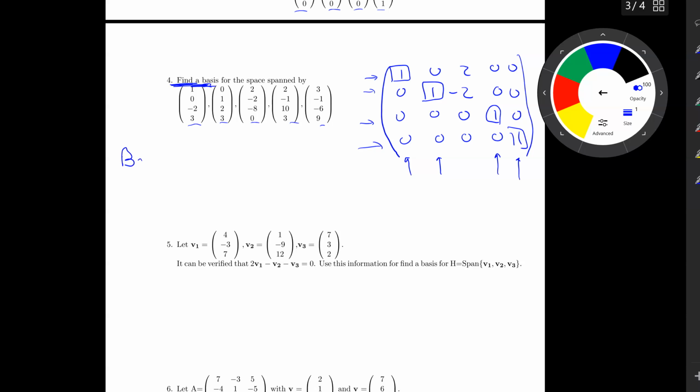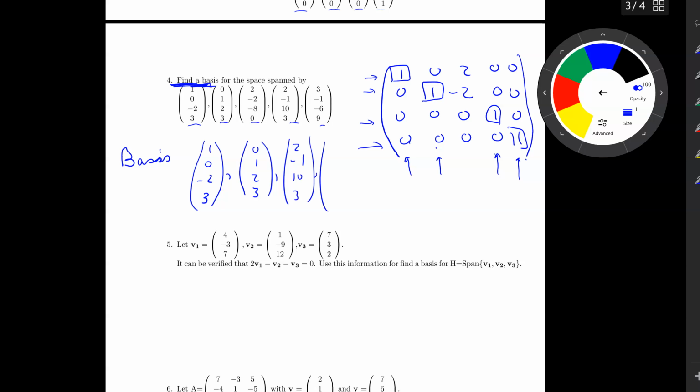So a basis for the subspace spanned by this will be these vectors. So 1, 0, negative 2, 3. Oops, I meant to write, so I need to list the vectors, right? Comma, 0, 1, 2, 3, comma, 2, negative 1, 10, 3, and the last one, 3, negative 1, negative 6, 9.